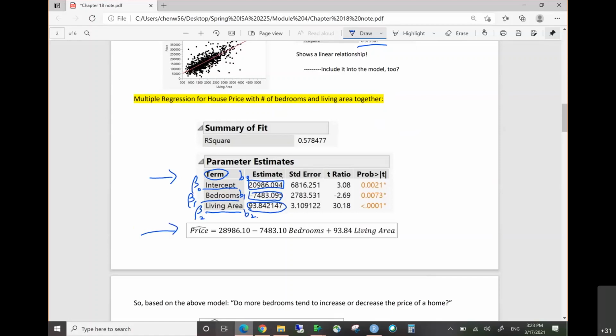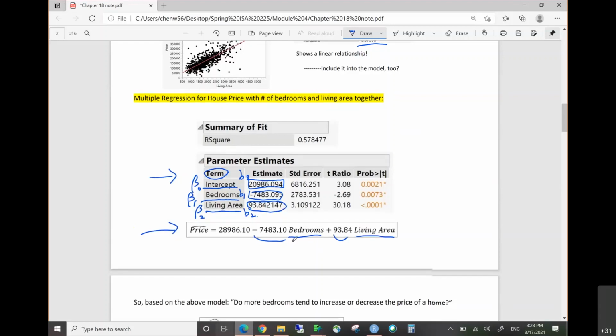We say the price depends on the number of bedrooms and living area together. Now I put them together, and we can see that the coefficients changed. So let's make a comparison.